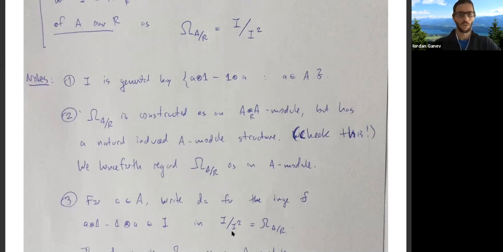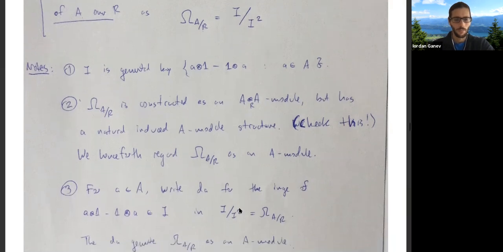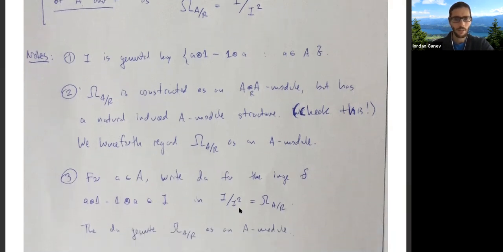This is just notation, da. And because these elements, a tensor 1 minus 1 tensor a, generate I, we see that the da's generate omega A over R.